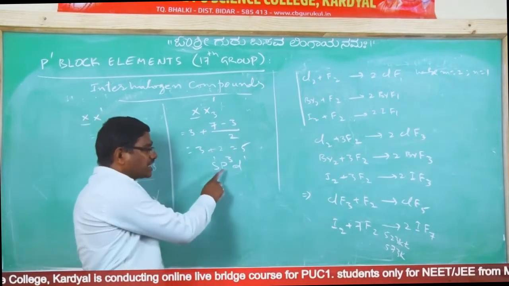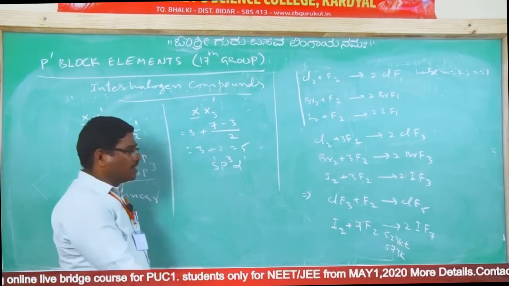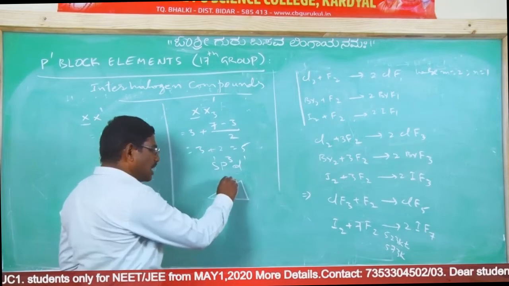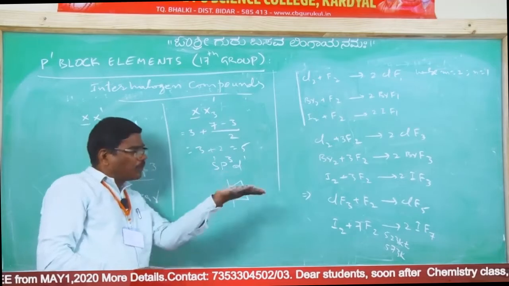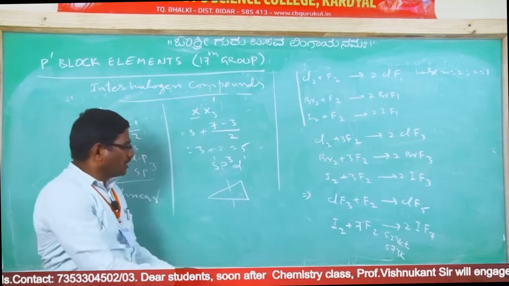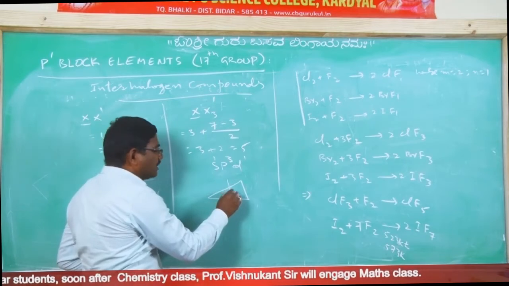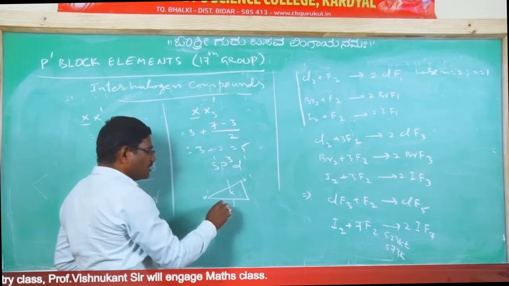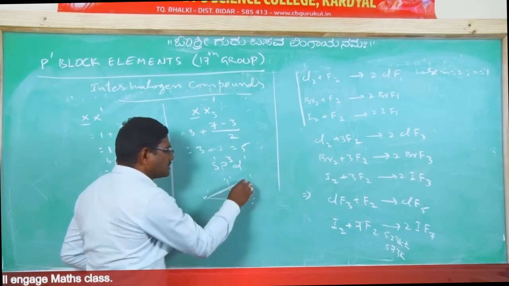Tell me, sp3d hybridization with 3 bond pairs and 2 lone pairs, T shape. sp3d will be trigonal bipyramidal, 3 in the plane and 2 pyramids above and below. Here this is trigonal planar, above one pyramid and below one pyramid, right? In this case, this is the central atom X. Now it is X dash, then X dash. So here the lone pairs are these two, thus it is a T shape only, na?